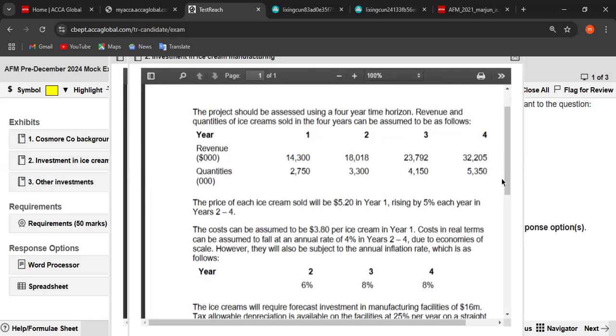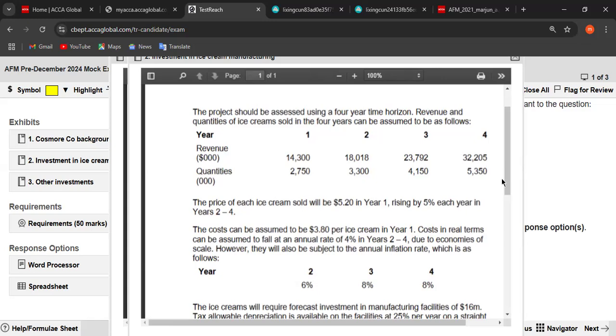Okay, the cost can be assumed to be 3.8 per ice cream in year 1, and cost in real terms can be assumed to fall at an annual rate of 4% in years 2 to 4 due to economies of scale. However, there will also be subject to annual inflation rate, which is as follows. In year 2, 6%, then 8%, then 4%.